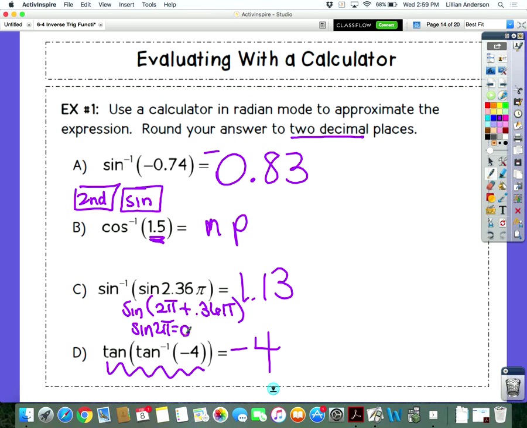That's 0. Okay? So essentially, this is the same thing as saying the sine inverse of the sine of 0.36 pi. If you do not believe me, right now type in 0.36 pi, and not 3.14, I mean the pi button. Type in 0.36 pi. Don't you get 1.13?